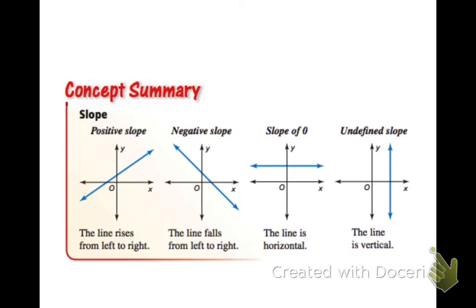So 0 divided by anything is 0. The slope of a vertical line is undefined because you have a fraction and we cannot divide by 0. In this case, there is 0 change in x, and that is the denominator. Since dividing by 0 is undefined, so is the slope.